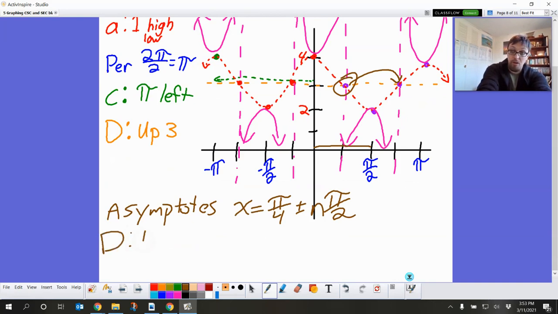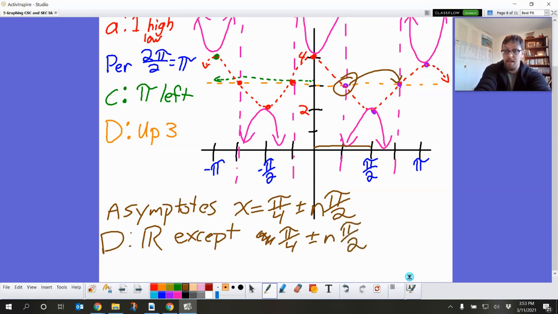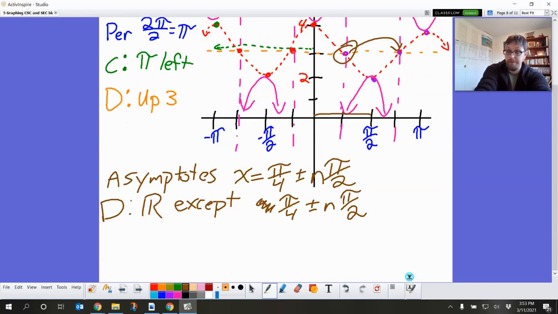So our domain is all real numbers except the asymptotes. Except pi over 4 plus or minus n pi over 2. And remember that n pi over 2 is just like I need to add pi over 2 over and over again.